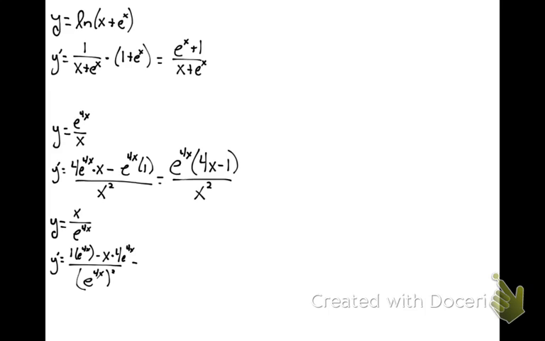I'll clean up the numerator by factoring out e^(4x), and I'll be left with 1 minus 4x. The denominator, I'm going to leave it as (e^(4x)) squared, although I could do power to a power and write that as e^(8x). And the reason I'm doing that is because one of the e^(4x)'s will divide out. This is (1 - 4x) over e^(4x).